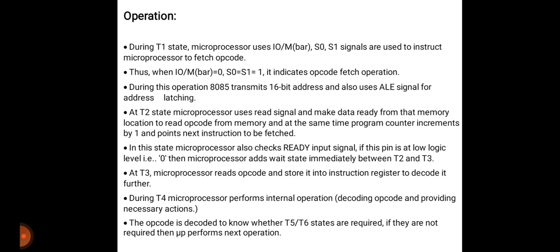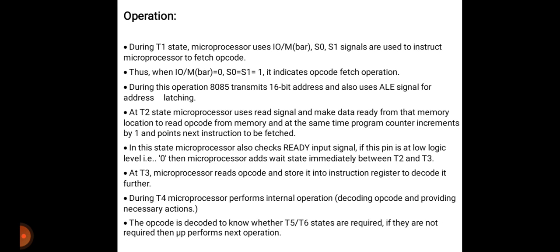Then S0 and S1 signals are used to instruct the microprocessor to fetch the opcode. When IO/M bar is equal to 0 during T1, T2, T3 and T4, then S0 is equal to S1 is equal to 1, which indicates the opcode fetch operation.